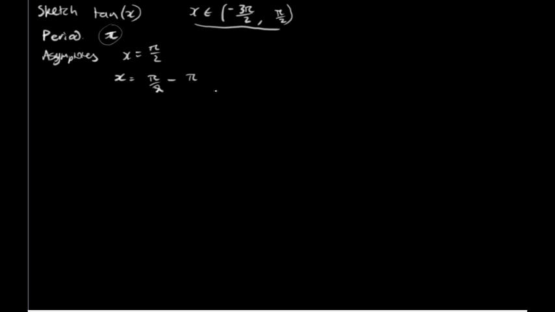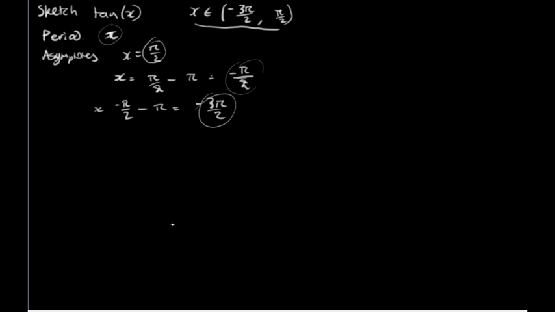So pi on 2, take pi, will give us minus pi on 2. This is still inside our domain, so let's see if we can do another one. So negative pi on 2, take another pi, will give us minus 3 pi on 2. So there are our three asymptotes, 1, 2, and 3.